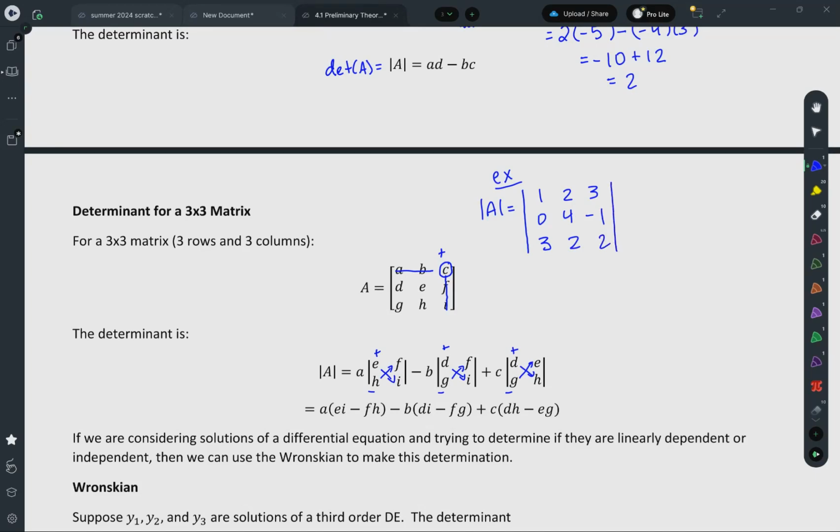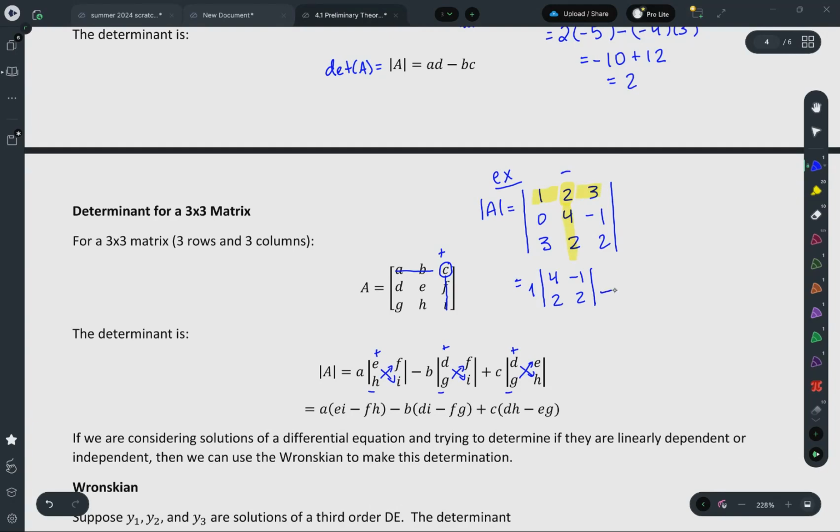I'm going to follow the directions that I gave you to begin with. I'm dealing with 1. I imagine that I have deleted the column and the row that 1 is in, but I can put in the highlight for now. So the determinant will equal 1 times the determinant of the 2 by 2 with elements 4, -1, 2, 2. And then I erase that. I go to the second, the B, and I erase the row and the column that it is in.